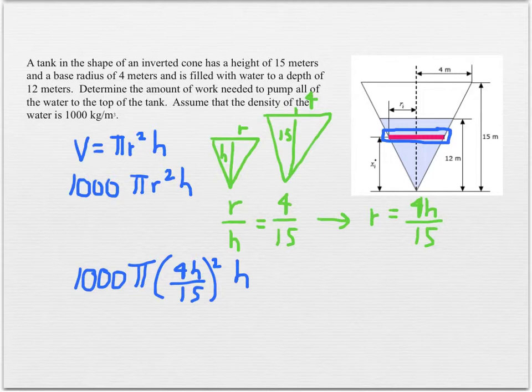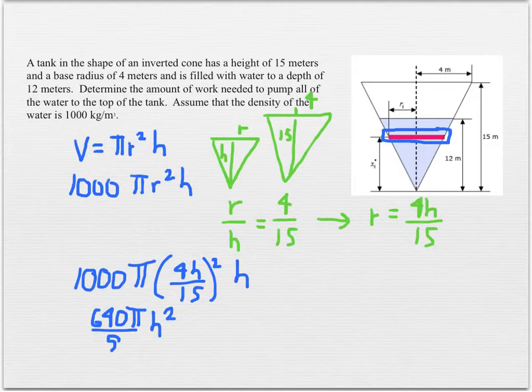Anyway, if you multiply all this stuff out, I'm going to erase this thing right here. You are going to get 640 pi over 9. That accounts for all those numbers there. And I'm going to have an h squared.